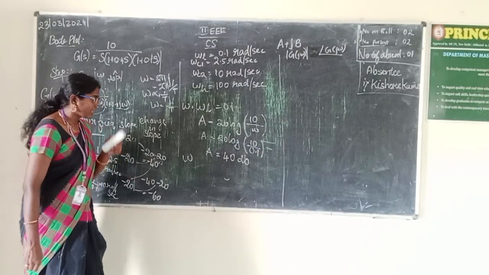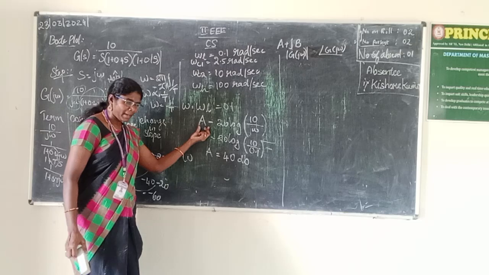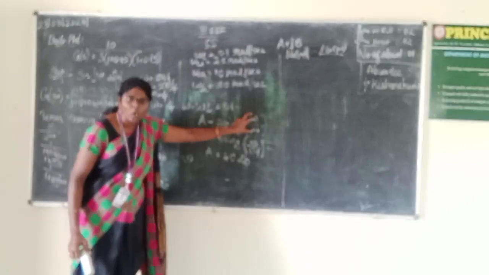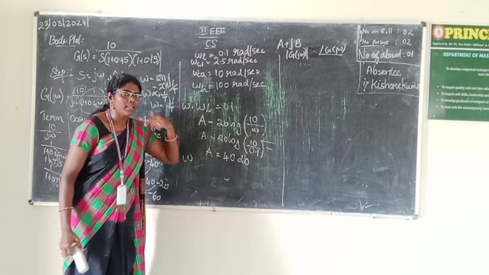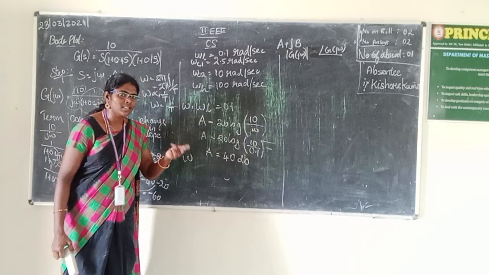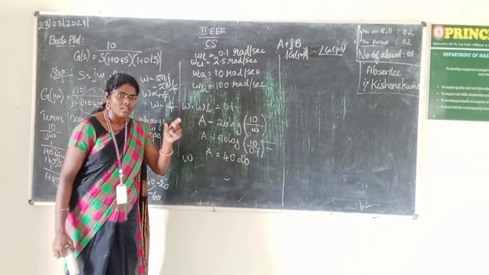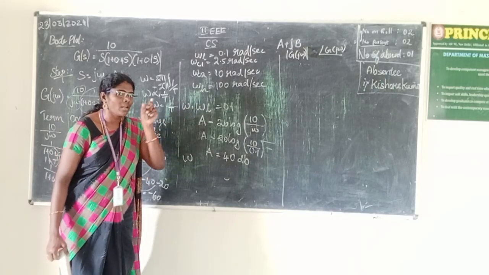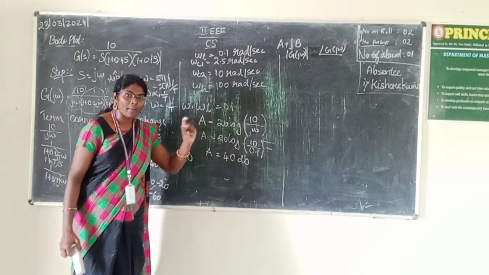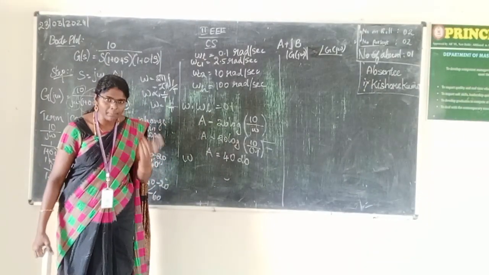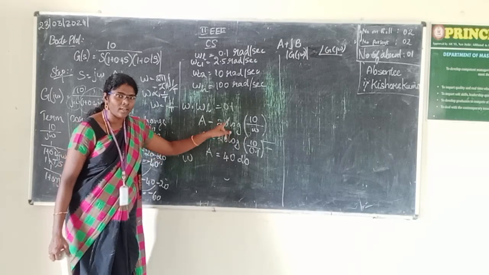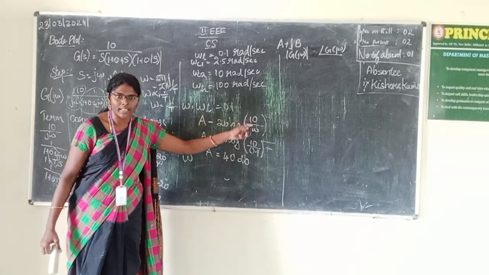Clear? I am saying it once again. The formula is magnitude A is equal to 20 log of our problem's term. In the previous problem, the term is s square. So we replace s with j omega, so it becomes (j omega) square. If I substitute, j square will become minus, so I have to put a minus in the front: minus 20 log of omega square there.